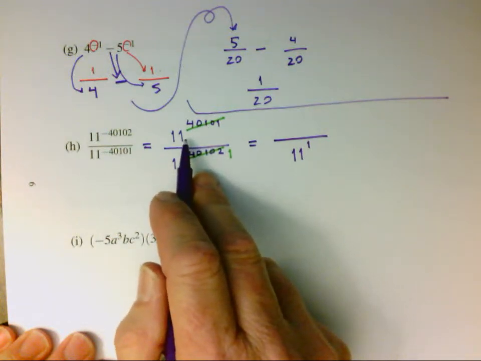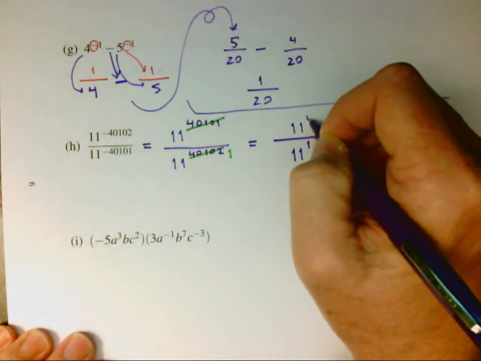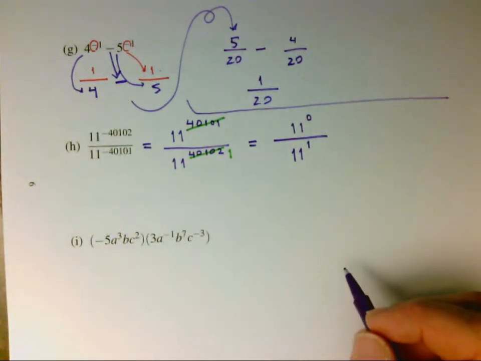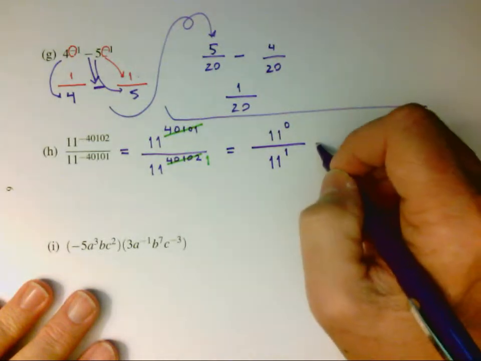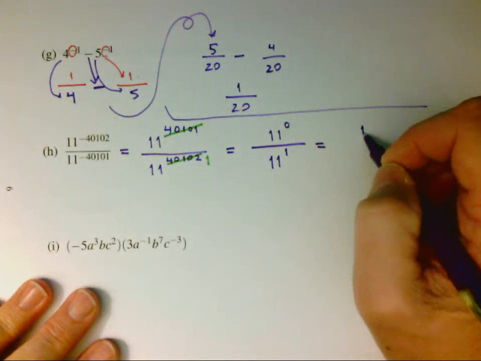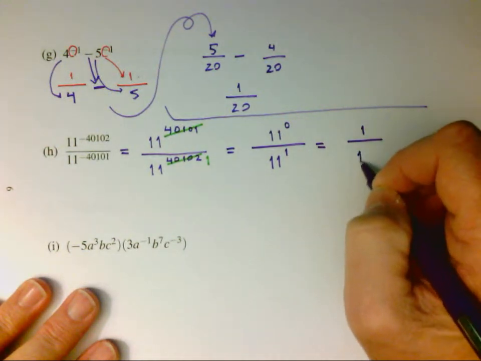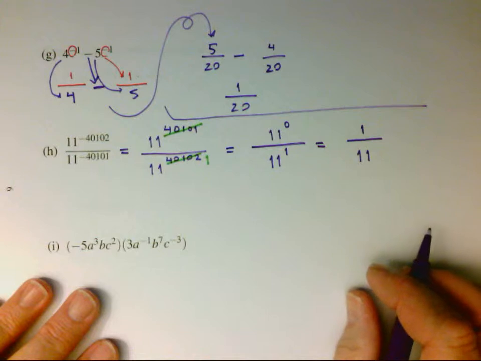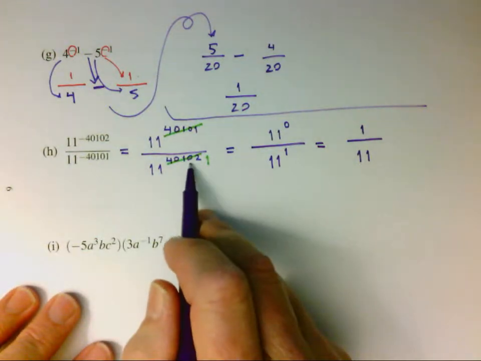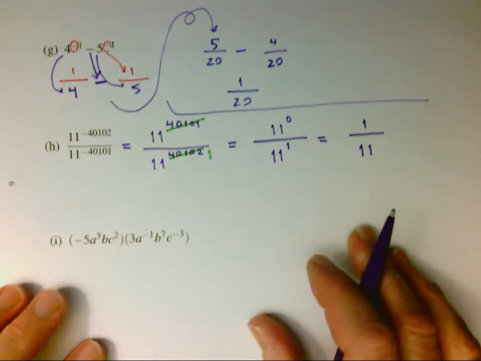That doesn't mean that we have 0 up here. It means that we have 11 to the 0. We have 0 copies of 11 up here, which in simplified form, we would write neither of these exponents. 11 to the 0 simplifies to 1. 11 to the 1 simplifies to 11. So we have one more 11 down on the bottom than we do on the top, 1 over 11.